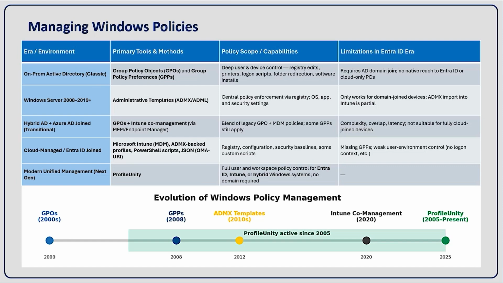I need to import my ADMXs, but I need to know which ones were assigned to which policy. There's a lot of manual migration processes that need to come into place to pull these items over and put them into Intune. With ProfileUnity, we have the ability to pull in these ADMXs or scripts that help identify the ADMXs and put them into ProfileUnity to automate that whole migration process for you, so you don't have to do it all manually.